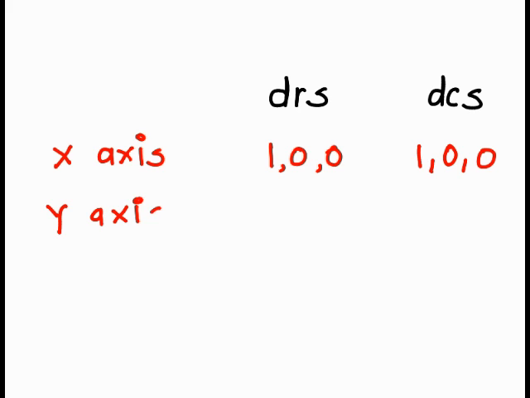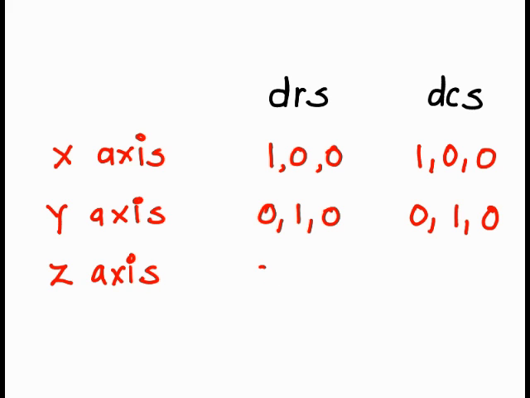Yes, it is 0, 1, 0, and the DCS are again 0, 1, 0. Now can you guess about the z-axis? The DRS are 0, 0, 1, and the DCS are obviously 0, 0, 1. So these are the required DRS and DCS.